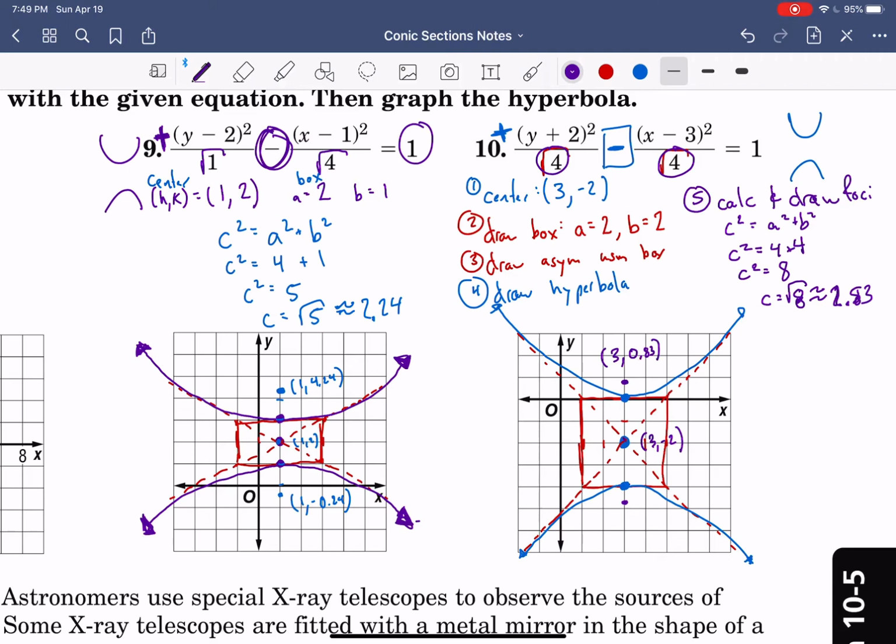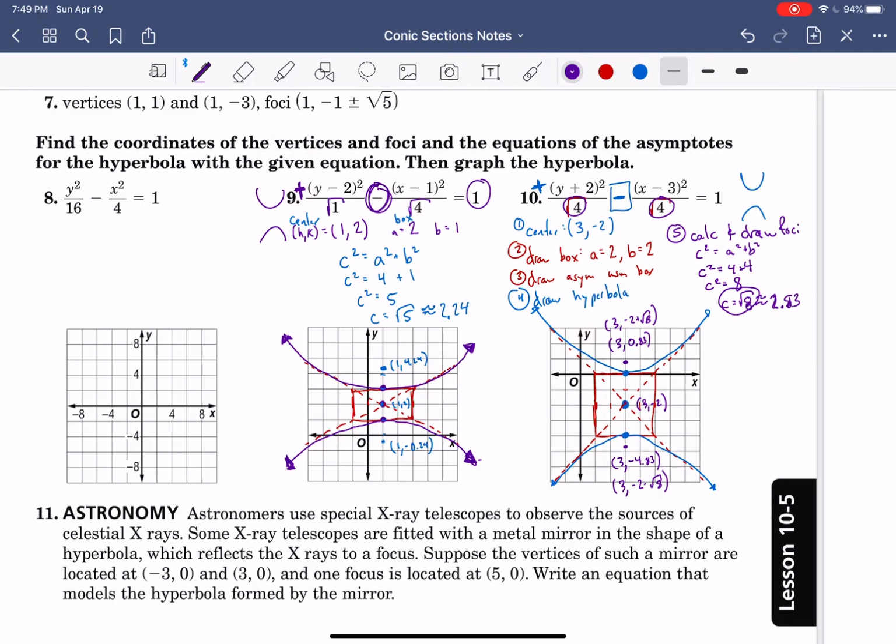And if we go down, that means we're subtracting it from the y. So we get 3, negative 4.83. On Khan Academy, it might ask for your answers to be exact, which in this case we would get 3, negative 2 plus square root 8. Down here, we would have 3, negative 2 minus square root 8. So we can just keep it in that radical form like we have right here.